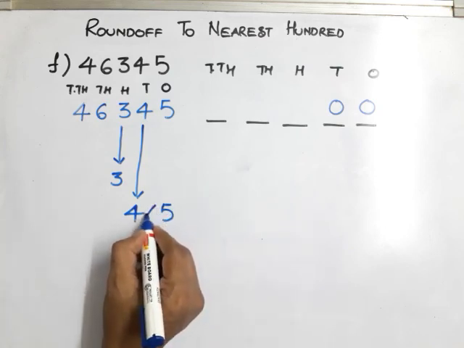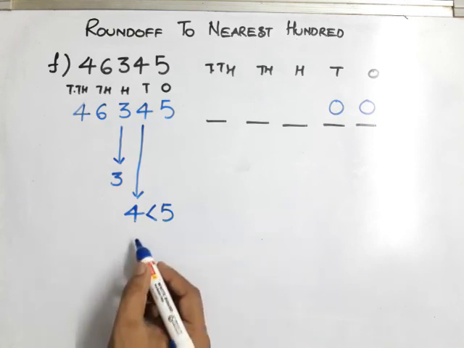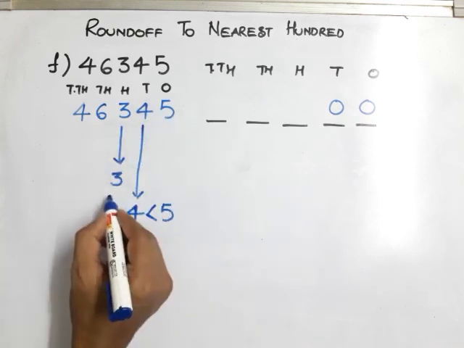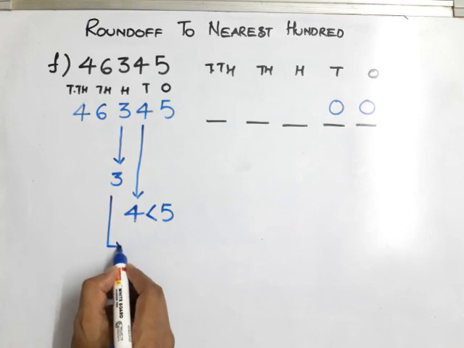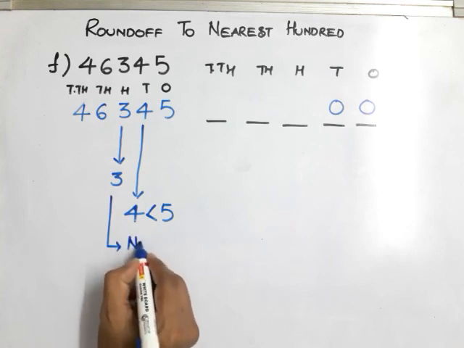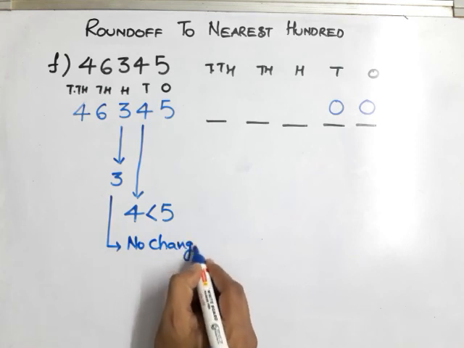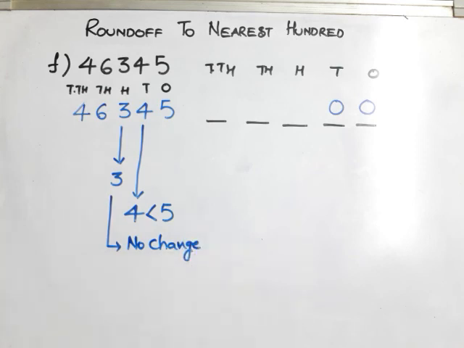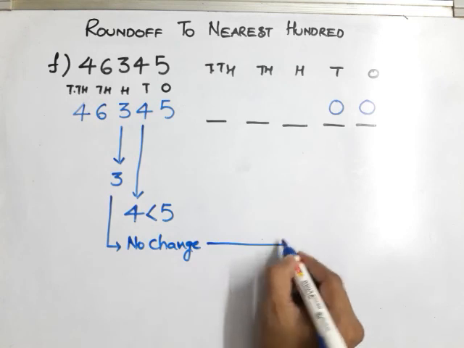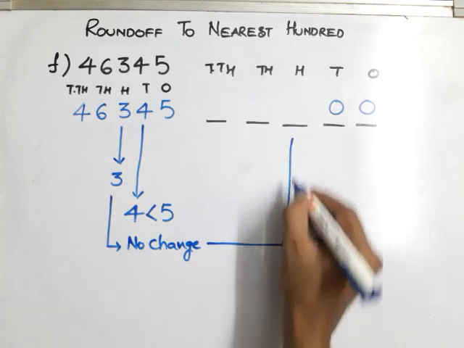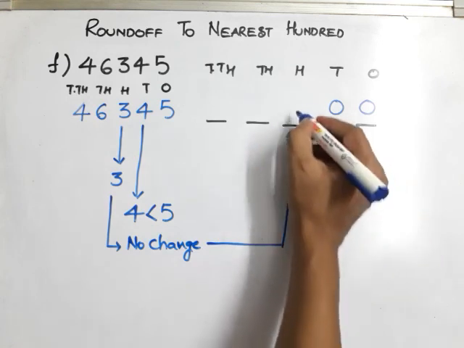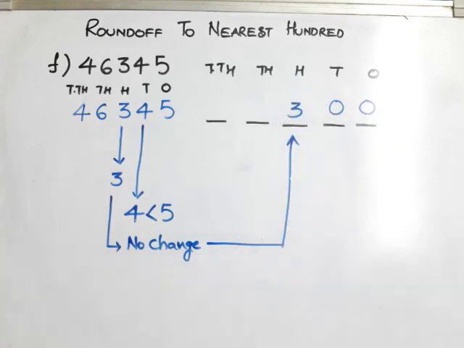Clearly 4 is less than 5. If the digit in tens place is less than 5, then no change. Only when the digit in tens place is equal to or greater than 5 will we add 1. So no change, hence this will be occupied by 3.